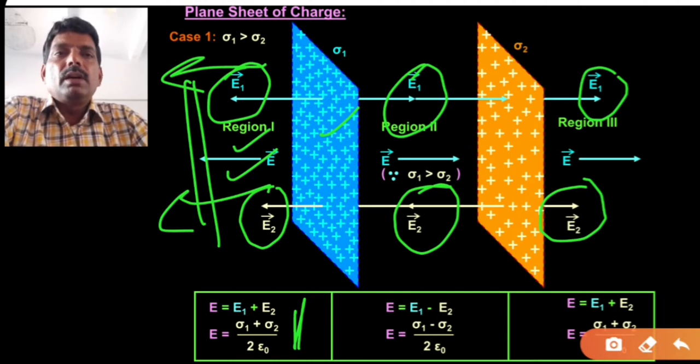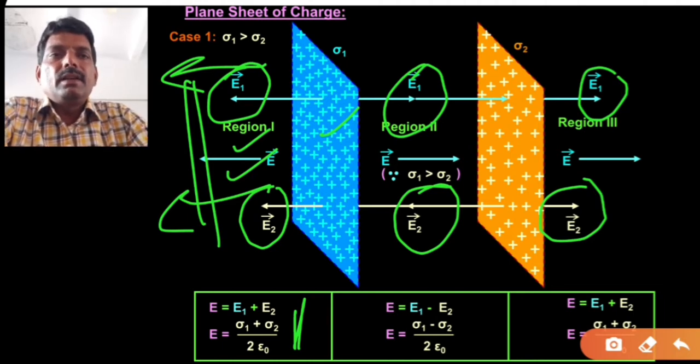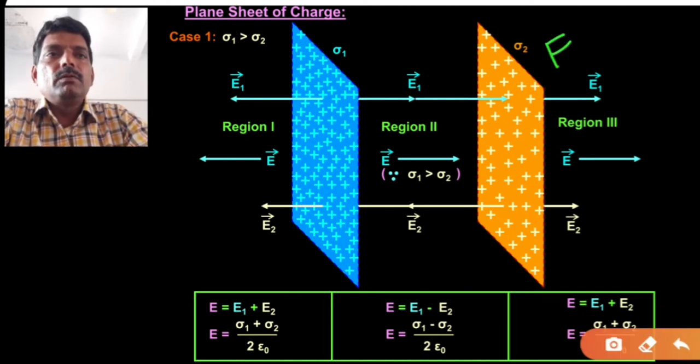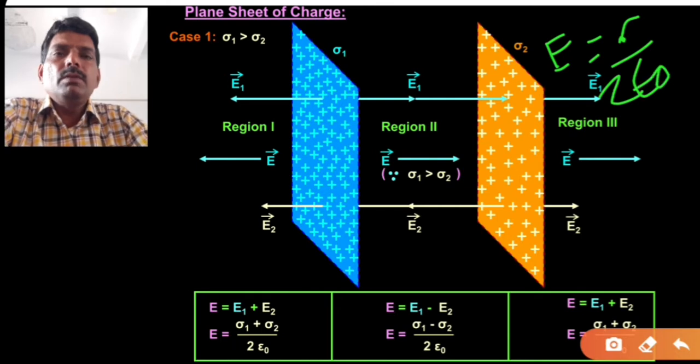And you know the electric field intensity E is equal to sigma upon 2 epsilon naught. This one you know. We have already proved this equation in thin sheet case. Okay, so that I will use here. So E1 is equal to sigma 1 upon 2 epsilon naught, and E2 is equal to sigma 2 upon 2 epsilon naught. They will get added here.